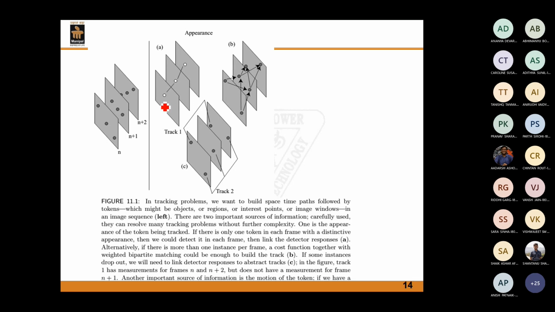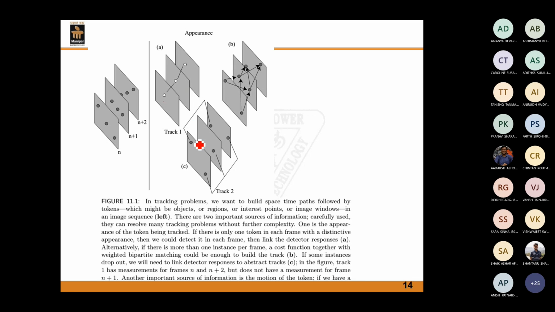Making these assumptions and building a very powerful detector, for each of the frames we find the detector response and link them together to find the trajectory in which the object is moving. This is the case when you have only one single object.